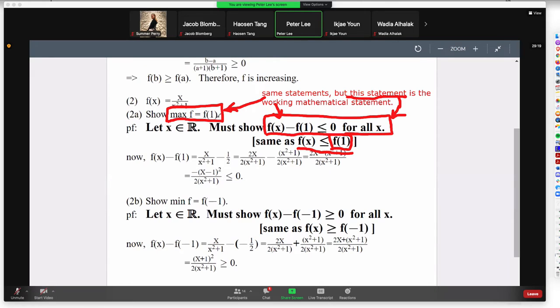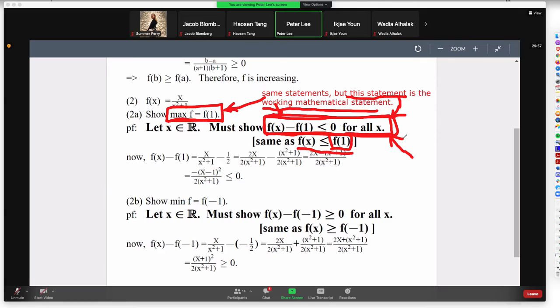So even though we have two statements here, the working mathematical statement is this one right here. It means exactly the same thing, but the other is not something we can work with in math. It's like an English statement. It is saying that the maximum occurs at 1, so max f is equal to f of 1. It is a true statement, but it is not the working mathematical statement. So we have to now translate this, and this is the statement which we are actually going to prove.